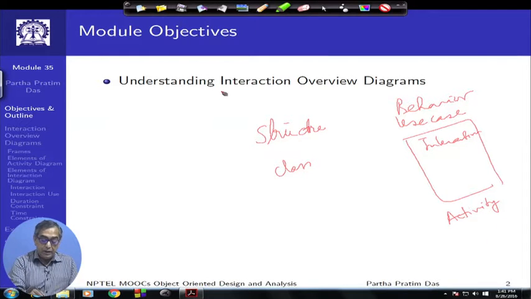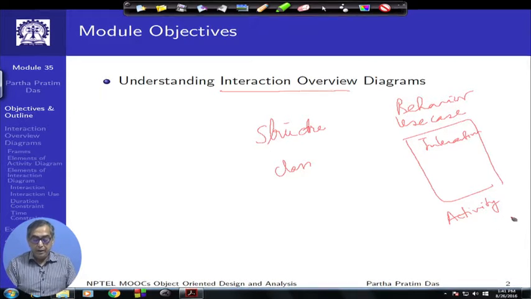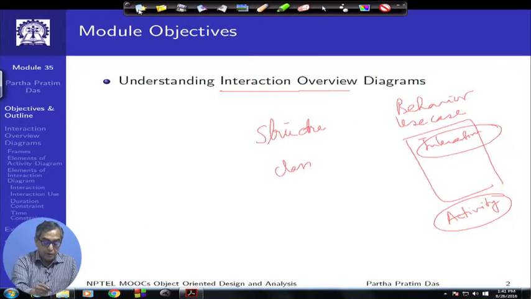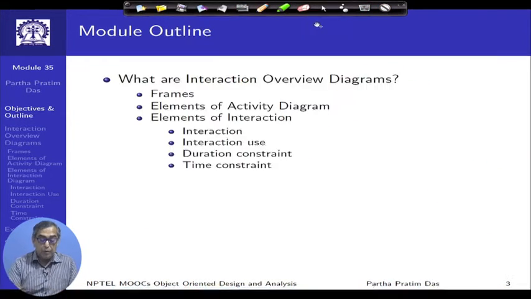So, in this context, we will try to understand the interaction overview diagram, which is not a significantly independent diagram. It is kind of a mix of activity and certain parts of the interaction diagrams. So, we will try to understand what it does.